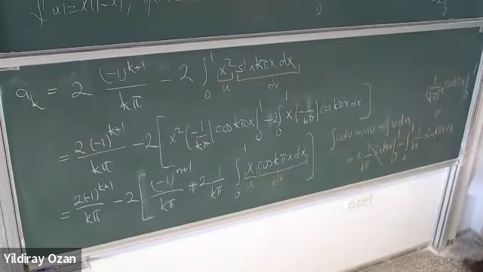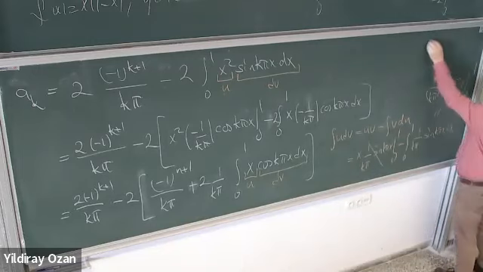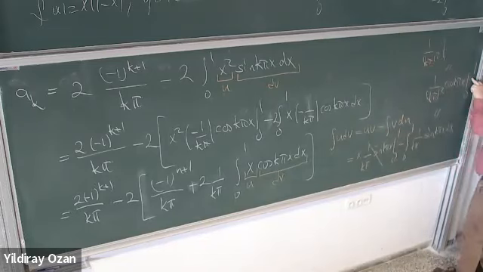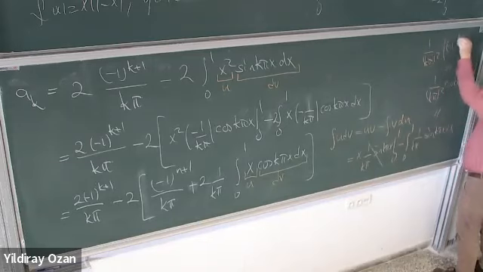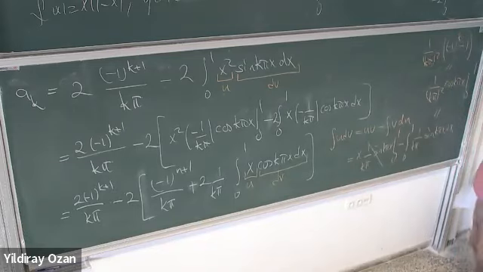When I plug in 0 and 1, this is 1 over k times pi squared. When I plug in 1, we get cosine k pi, so minus 1 to the power k, minus, when I plug in 0, I just get 1. Okay.